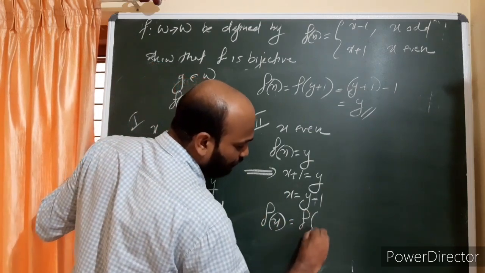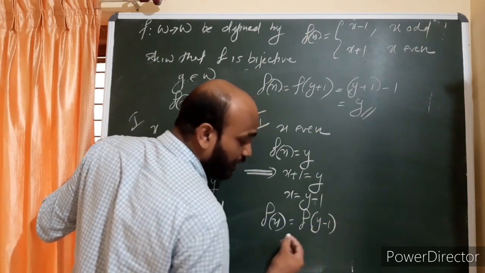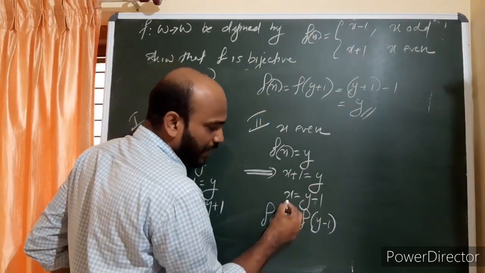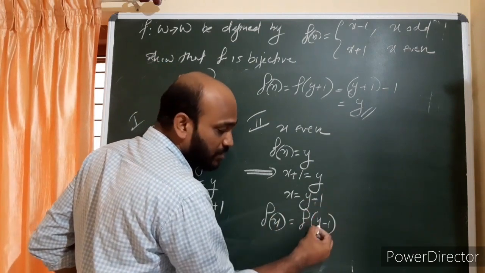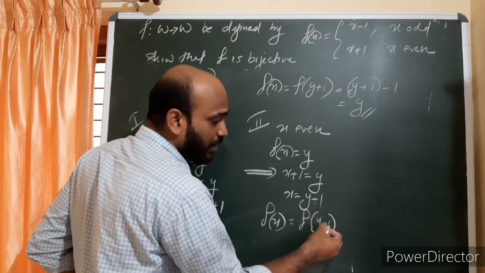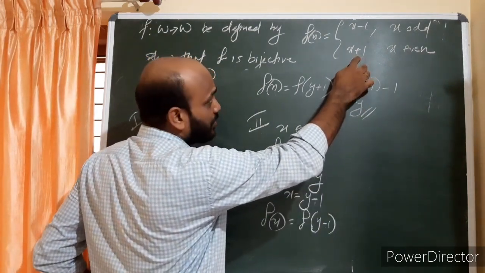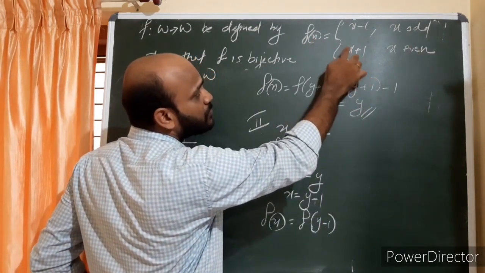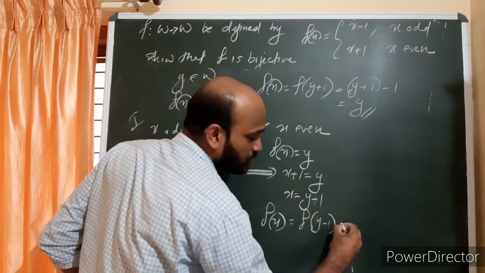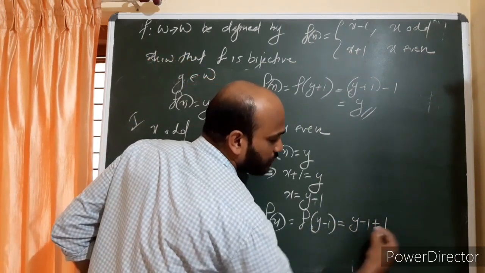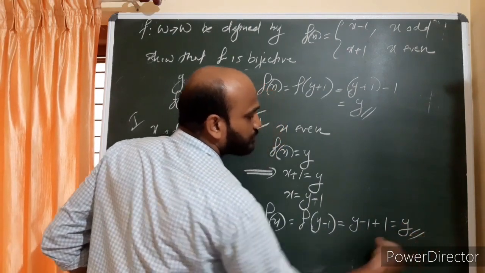f of x means f of y minus 1. Now x is even, x equal to y minus 1 means y minus 1 is even. If this term is even, you have to use second definition. In place of x, you have to substitute y minus 1. So we will get y minus 1 plus 1 equal to y.